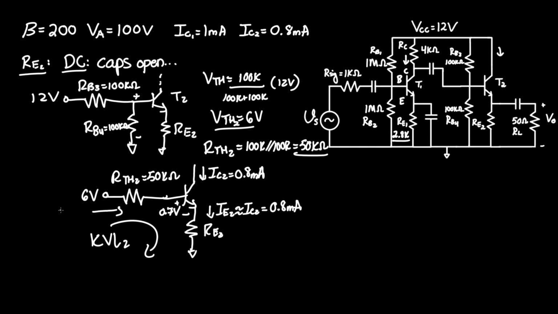And IB needs to be evaluated. We'll call it IB2, where IB2 equals IC2 over beta, which equals 0.8E negative 3 amps over 200. And moving that down here, IB2 equals 4 microamps.